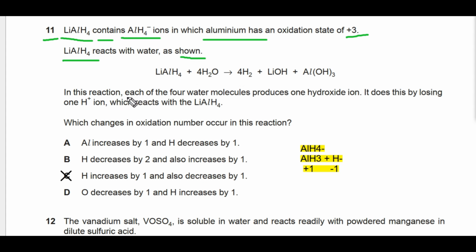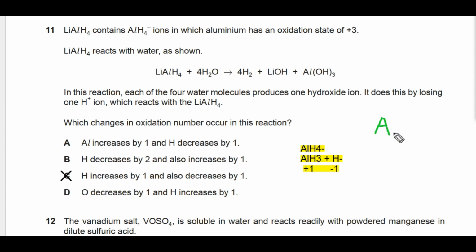In this reaction, each of 4 water molecules produces one hydroxide ion. It does this by losing one hydrogen ion which reacts with lithium aluminum hydride. So which changes in oxidation number occur in this reaction?